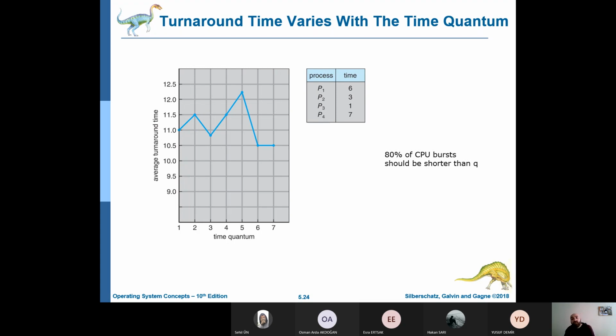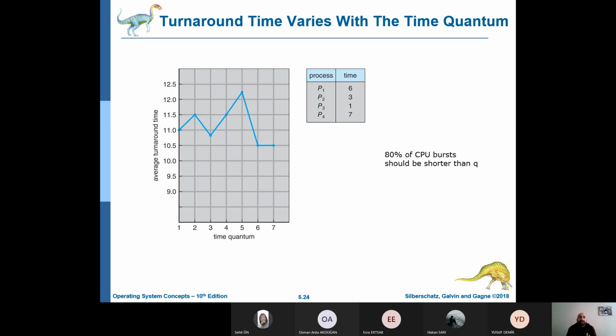Although the time quantum should be large compared with the context switch time, it should not be too large. As we pointed out earlier, if the time quantum is too large, round-robin scheduling degenerates to a first-come, first-served policy. So we have a general rule for that.